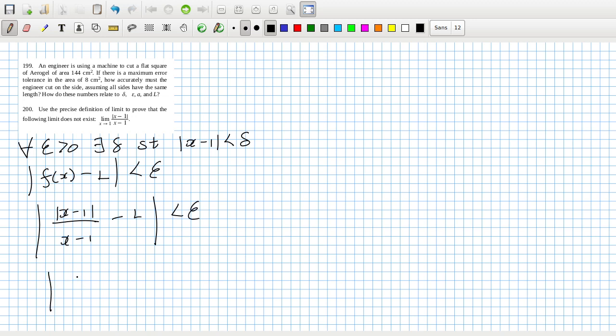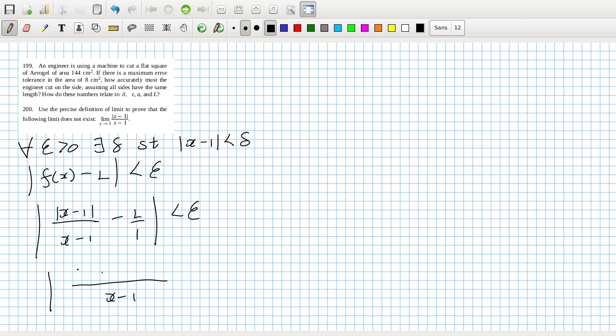How will I simplify this? X minus 1 over x minus 1 minus, say, L over 1. Do I want to? Yeah, maybe I do. Okay.